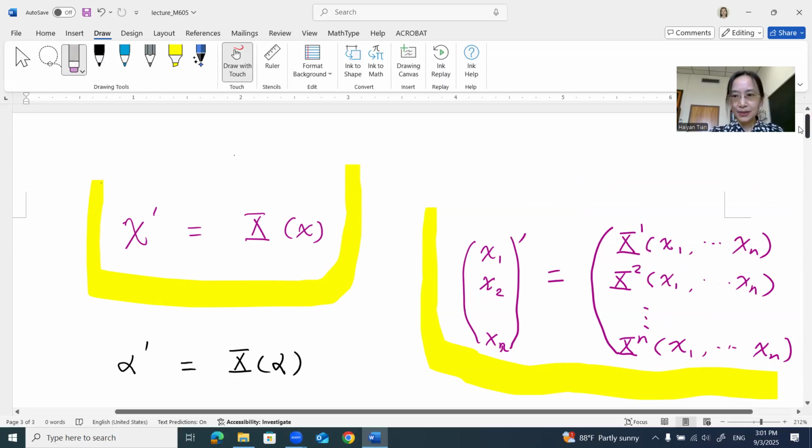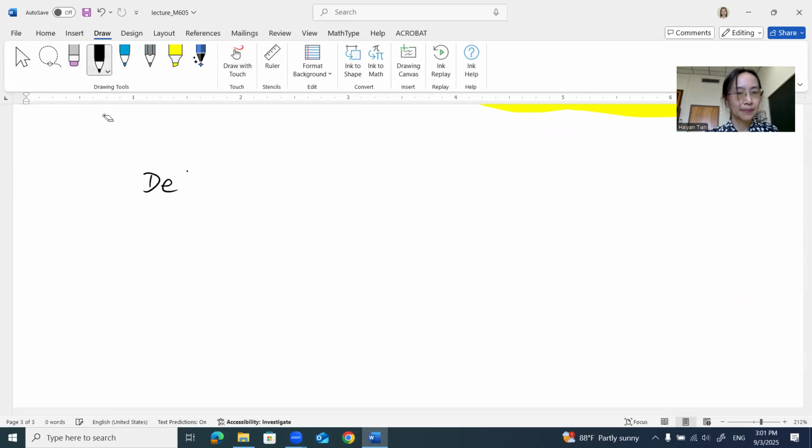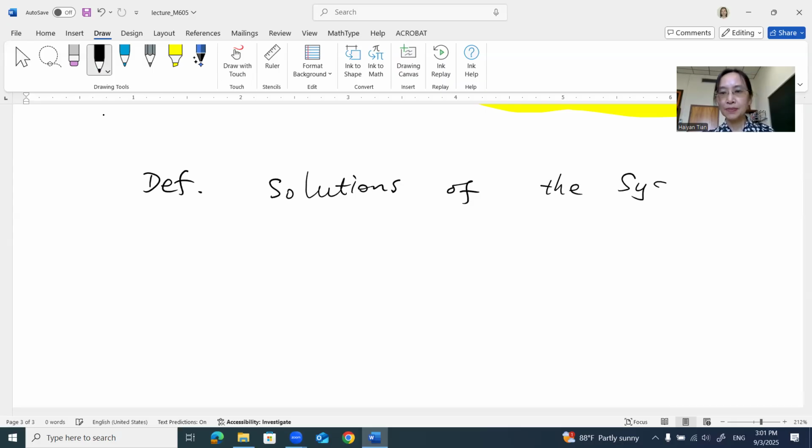Usually we call it a solution curve. So to make it more precise, solutions of the system which we were looking at, that is x prime equals a certain vector field at x, are such curves.